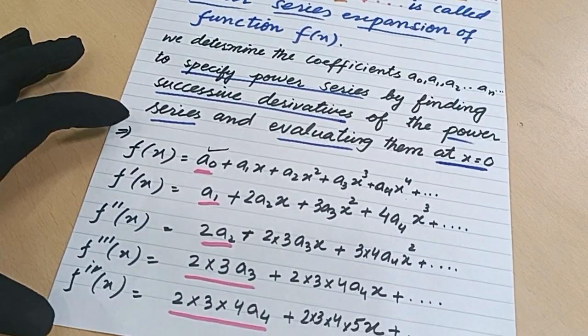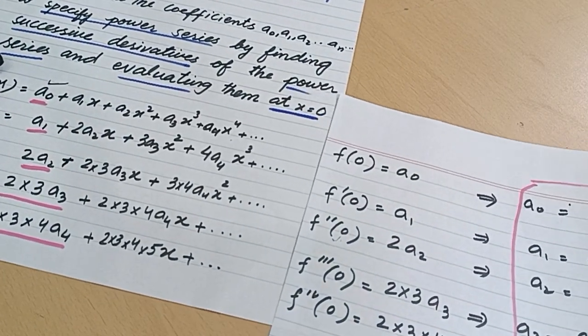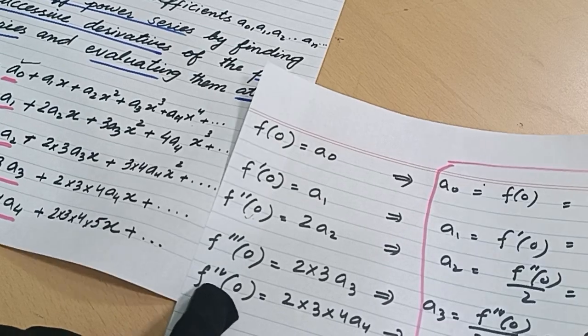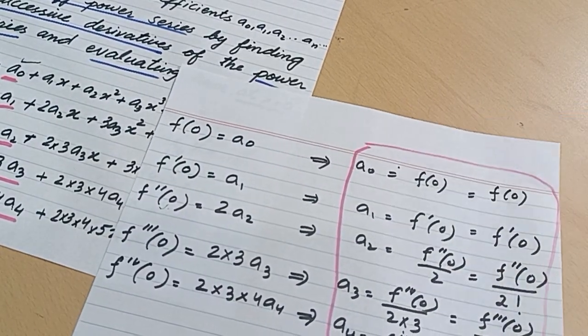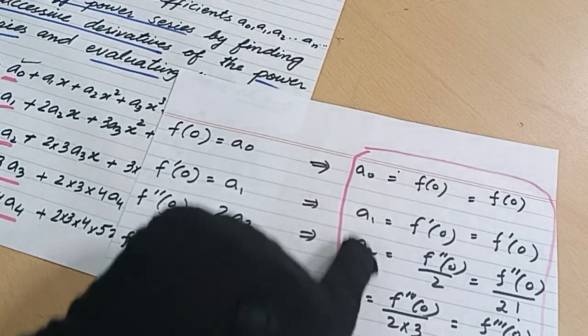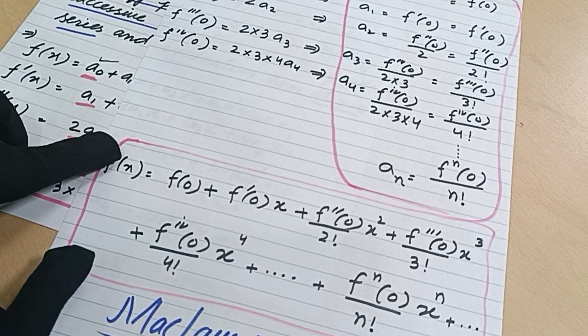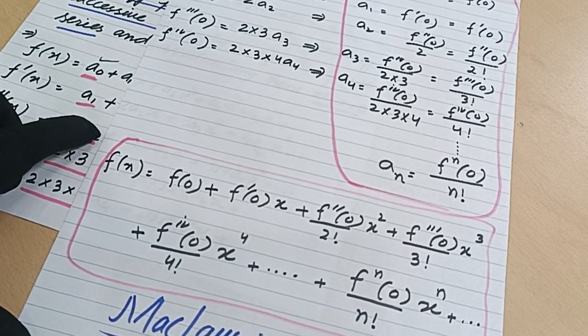I find the successive derivatives of the series, then I put the value of x at 0 and find their respective values. Then from the respective values, I find my coefficients in this form. Then I put the value of these coefficients in the given series and I get this required result. And this series is called Maclaurin series expansion or Maclaurin theorem.